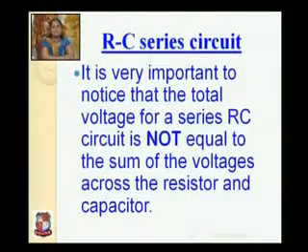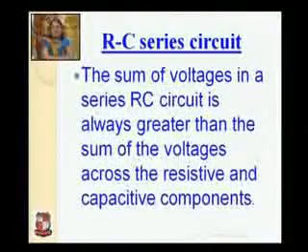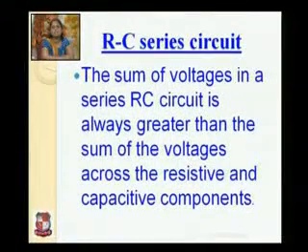It is very important to notice that the total voltage for a series RC circuit is not equal to the sum of the voltages across the resistance and capacitor. The sum of the voltages in a series RC circuit is always greater than the total voltage, that is, the resultant of the resistive and capacitive components.